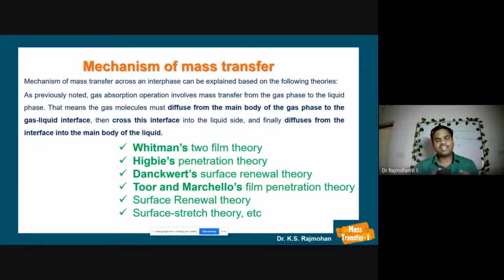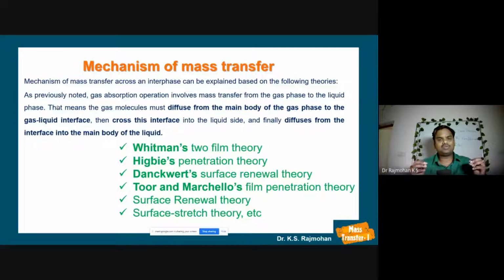Whenever two phases come in contact with each other, an interface comes into the picture. At this interface, we want to know how the mass transfer takes place across it, because at one end we have the bulk concentration of the solute A in the gas, and in the liquid we have the bulk concentration of the solute in the liquid.